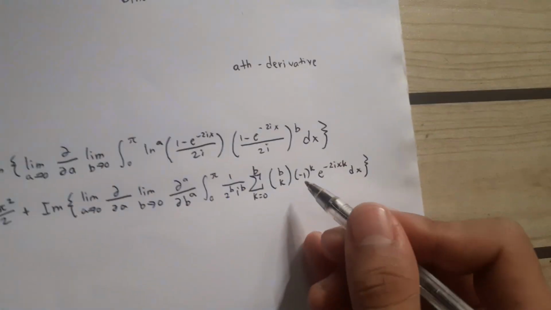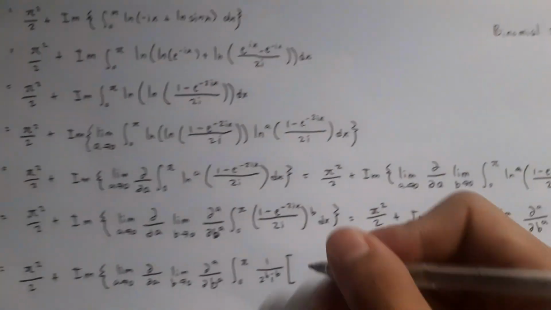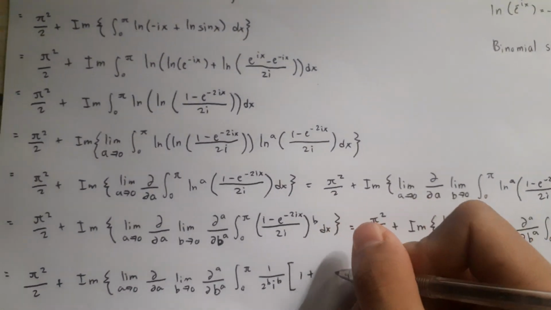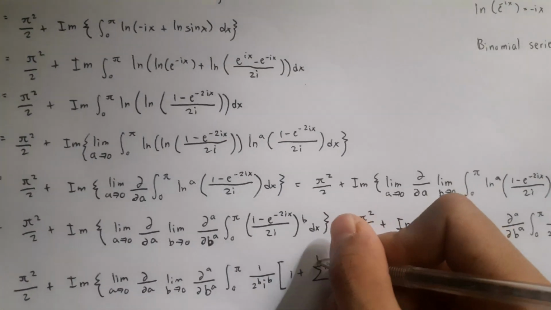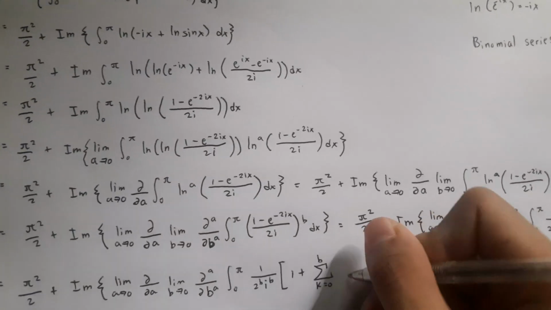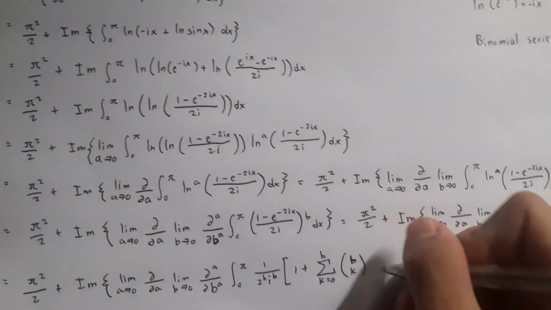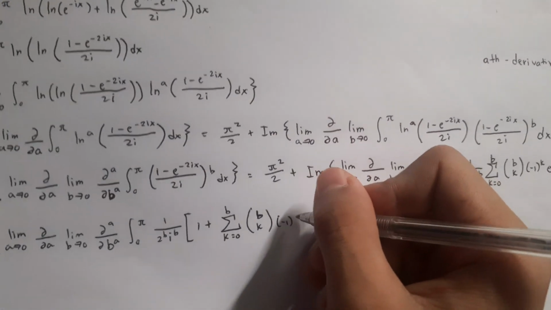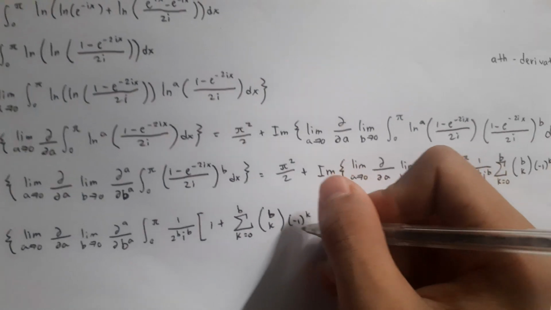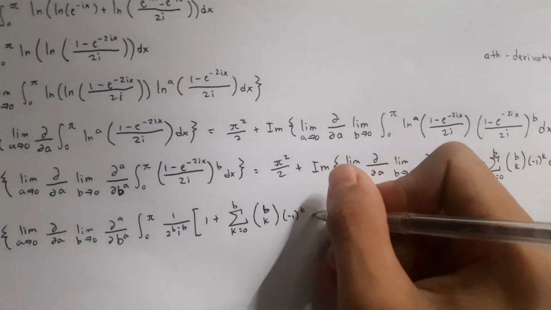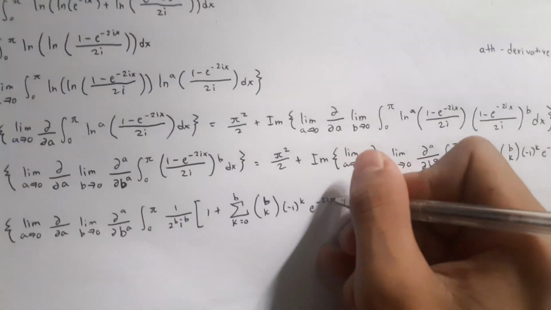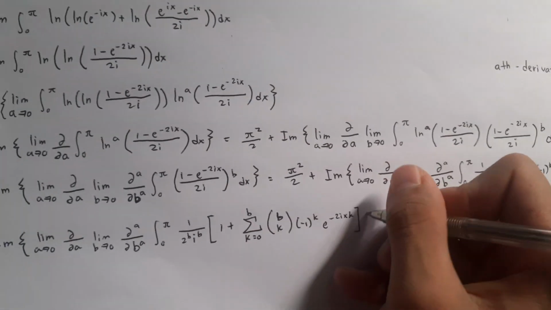This is just equal to 1. So 1 plus the sum of the binomial coefficient b choose k, and just copy the argument of the sum, which is negative 1 raised to k and e raised to negative 2ixk dx.